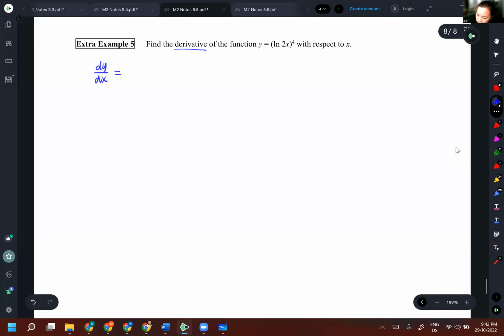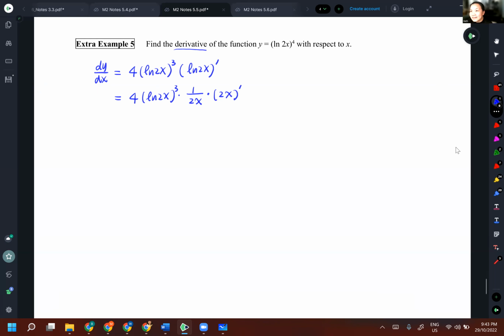Dy dx is equal to 4 log 2x cubed and then du dx. Another chain. Do you see?